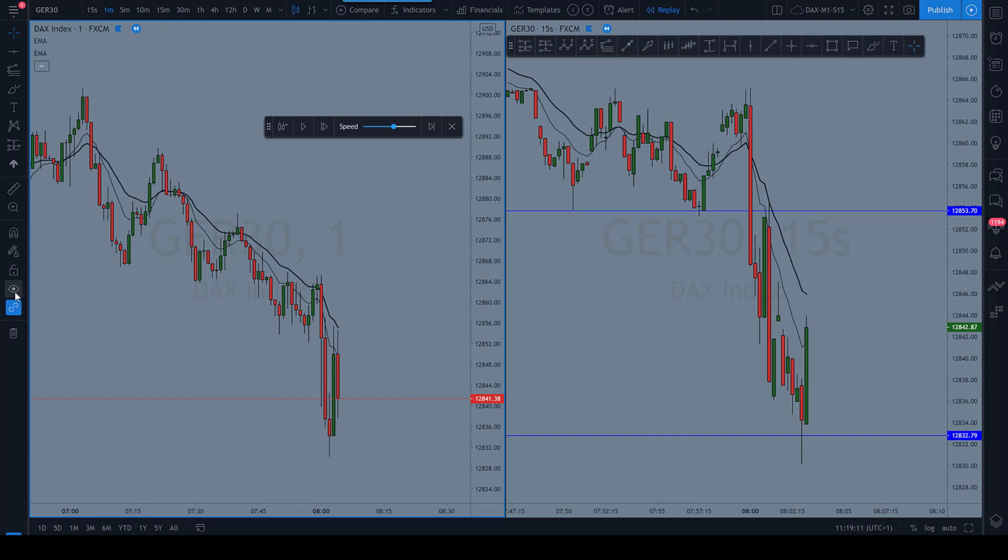Okay. Yeah, there you go. Now we have the lines on both the charts. It's the same lines. So you can also see the crosshair. I'm using my crosshair on the 15-second chart right now, but you'll see it's a relevant crosshair on the 1-minute chart as well. Can you see it? The chart to the left here.